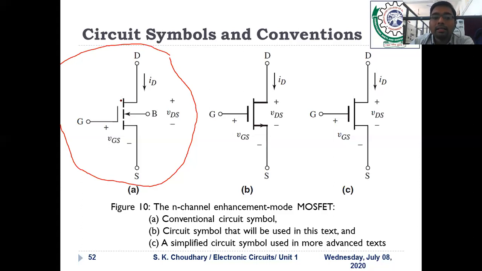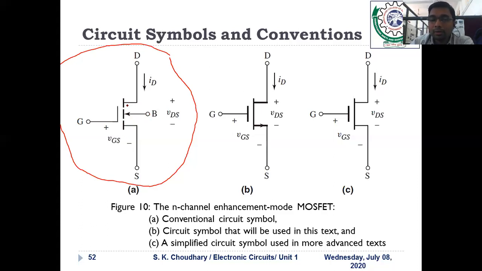Now, another terminal is the drain. Generally we always show the drain at the top, and the source is opposite the drain, at the bottommost terminal. The middle terminal is nothing but the substrate, or the body of the MOSFET.